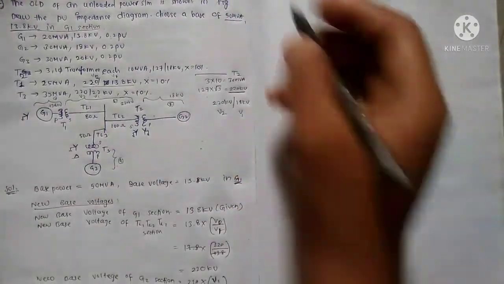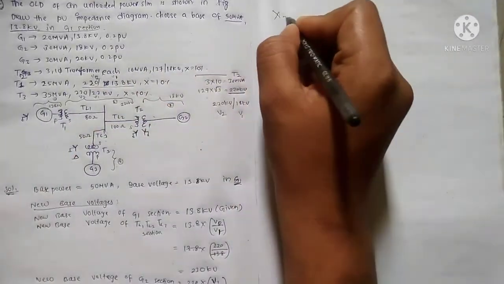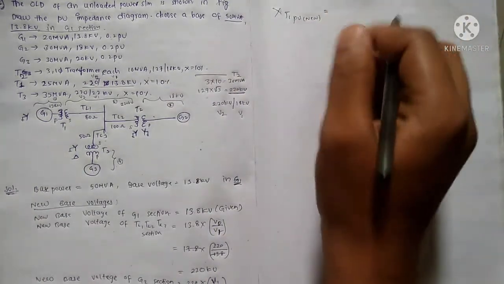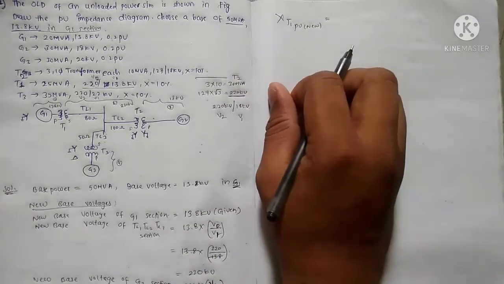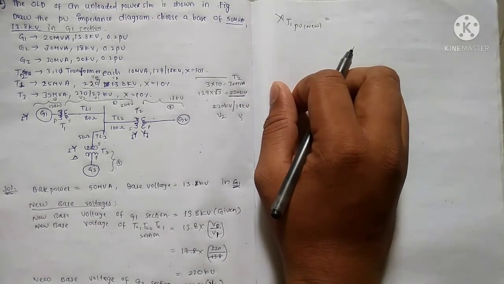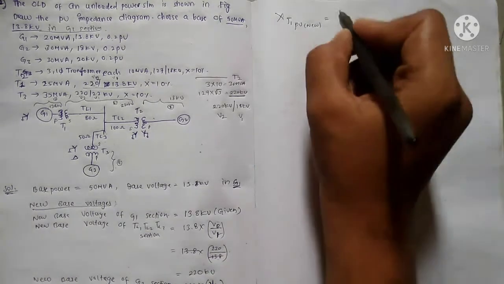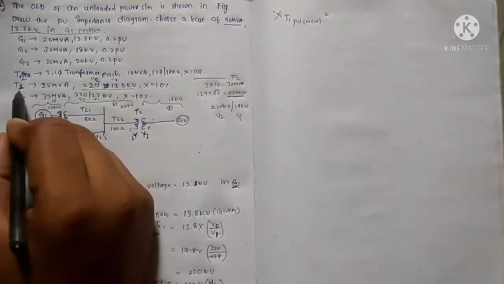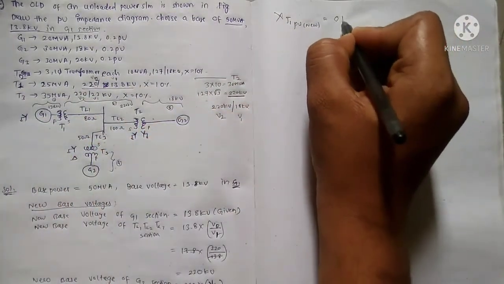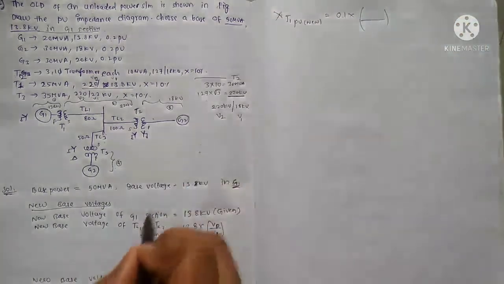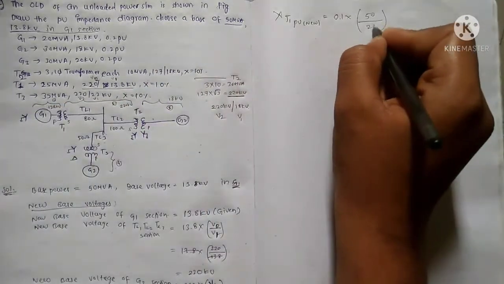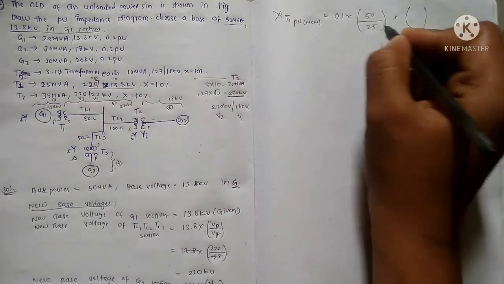And next we'll calculate for T1. Xt1 per unit new is equal to, I'm moving a bit faster. For a clear explanation, you can watch my previous video on numerical problems and you will come to know. For T1, Xt1 is equal to the old per unit of T1, the old per unit of 10%, that is 0.1, multiplied by, this is the power section, the new power is given as 50, the old power of T1 is 25, multiplied by this voltage whole square.